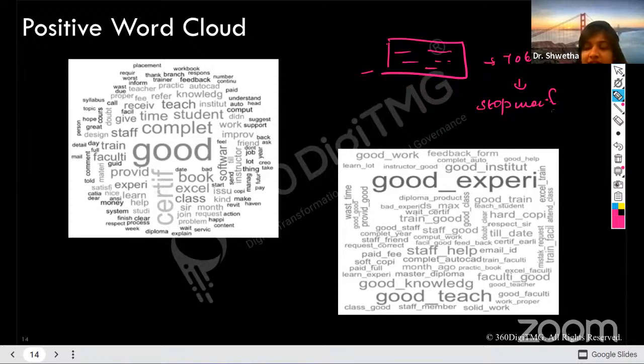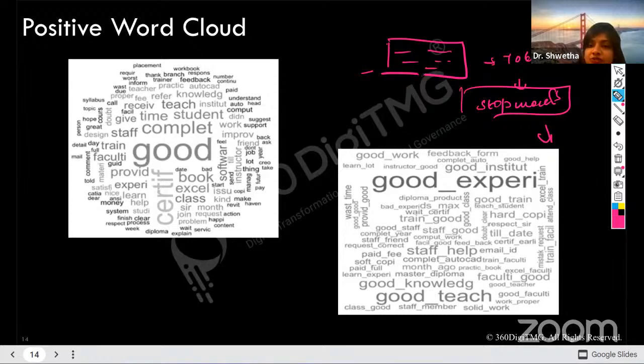All these are stop words which don't contribute to our word cloud, and they will just clutter it. So we are removing these stop words. For the removal of these stop words also, we need to download a dataset which has a collection of all these stop words. Okay, this is also available online.